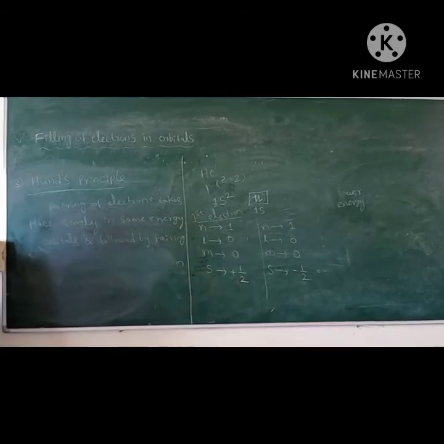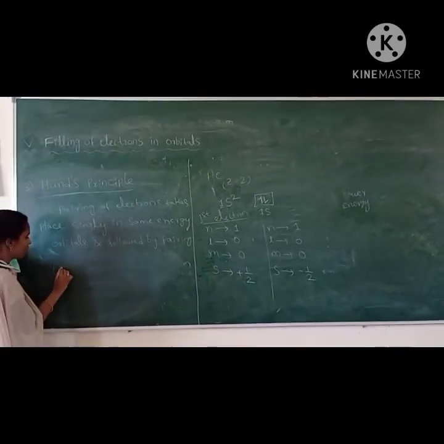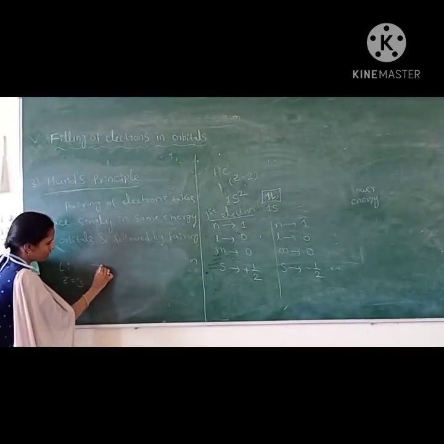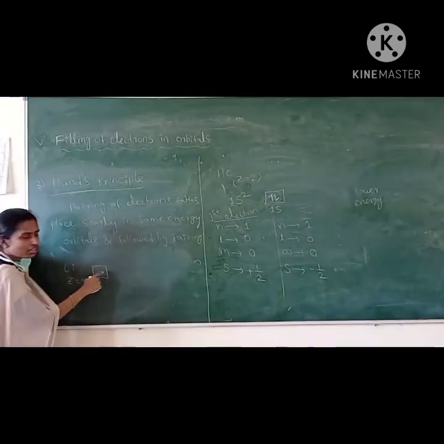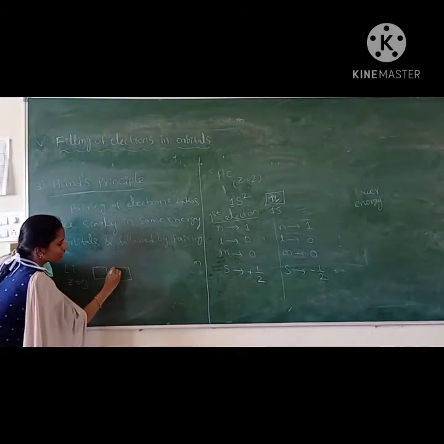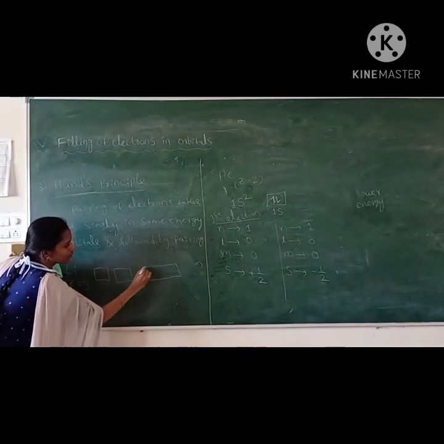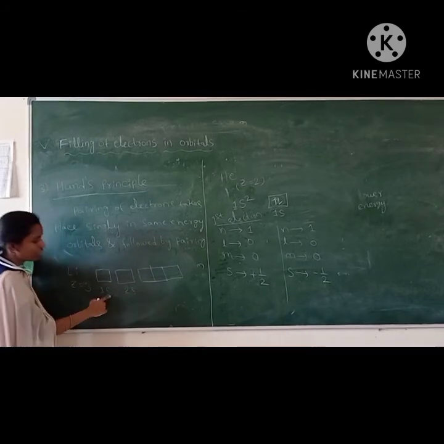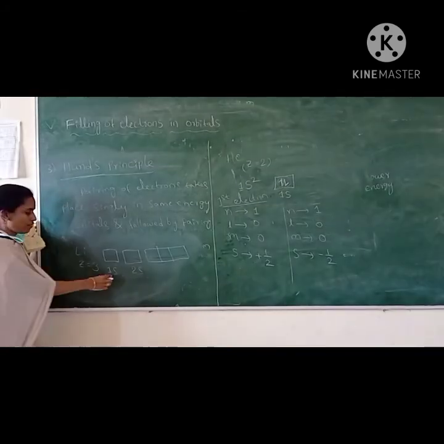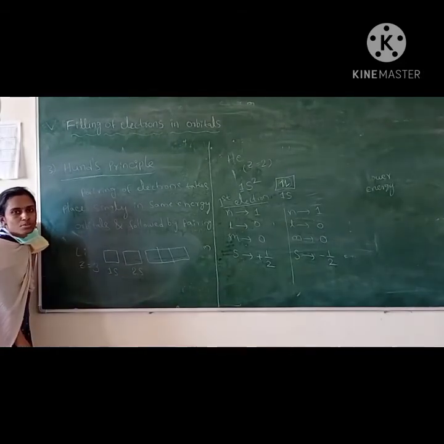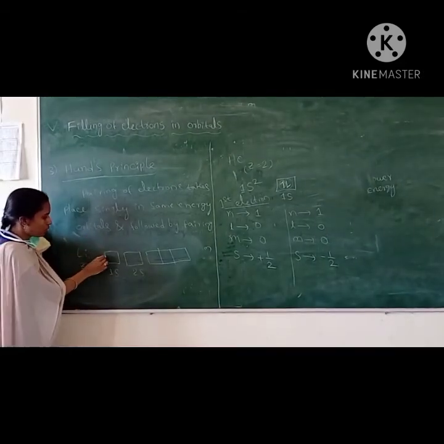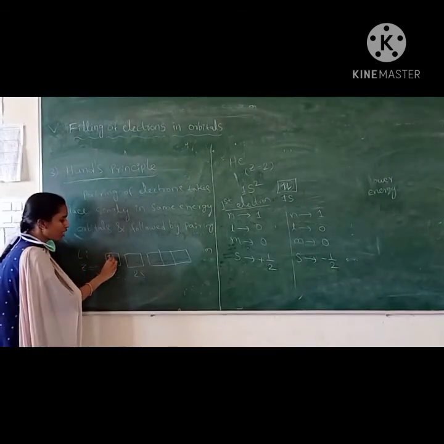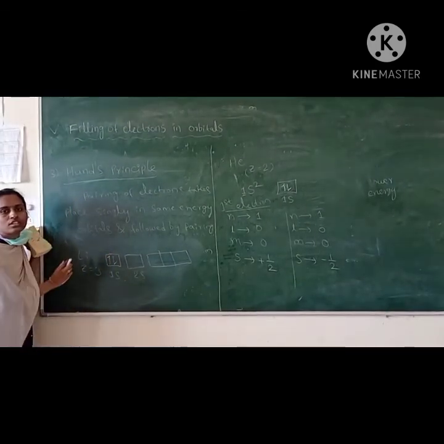So if you see lithium, the atomic number is 3. Here the 1s orbital is there in the first shell, and the 2s orbital is there and the 2p orbital is also there. First the 1s orbital is filled by electrons, after filling of 1s only 2s, because of the Aufbau principle. Here these electrons are first filled singly and then followed by pairing. So this is Hund's principle.